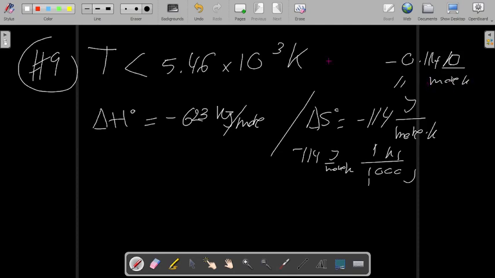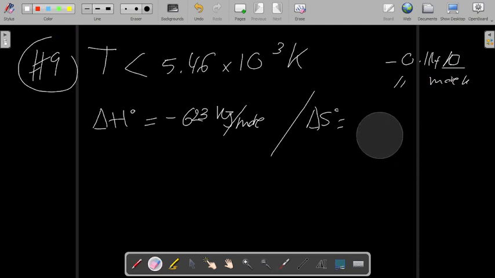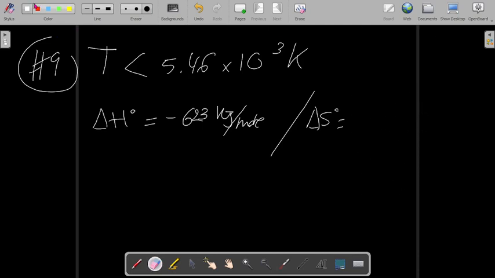Great. I'm going to change this so I can have some room. Minus 0.114 kilojoules, mole, and Kelvin. Now they are all in the same units.